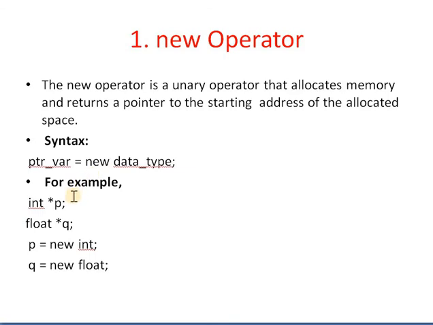For example, int star p, float star q, then p equals new int and q equals new float. Here p is a pointer of type integer, and q is a pointer of type float.